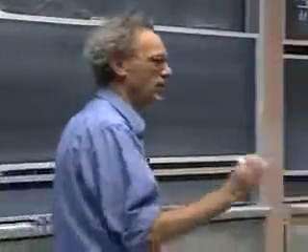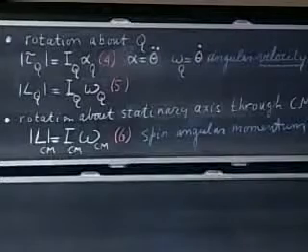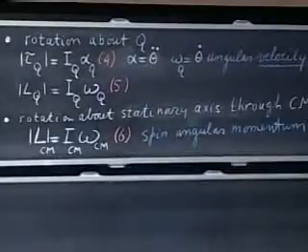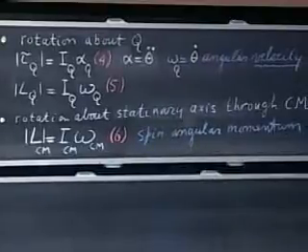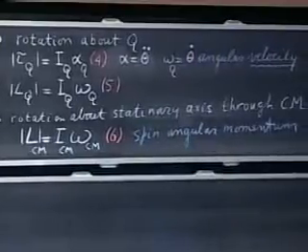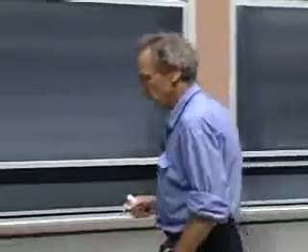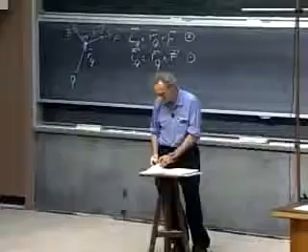In case you do have a rotation about an axis through the center of mass, a stationary axis through the center of mass, then the angular momentum is intrinsic in the sense that you don't have to specify the point about which you take the angular momentum. You can take any point and you always find the same, which is not true in this situation. So that makes the intrinsic angular momentum quite unique.